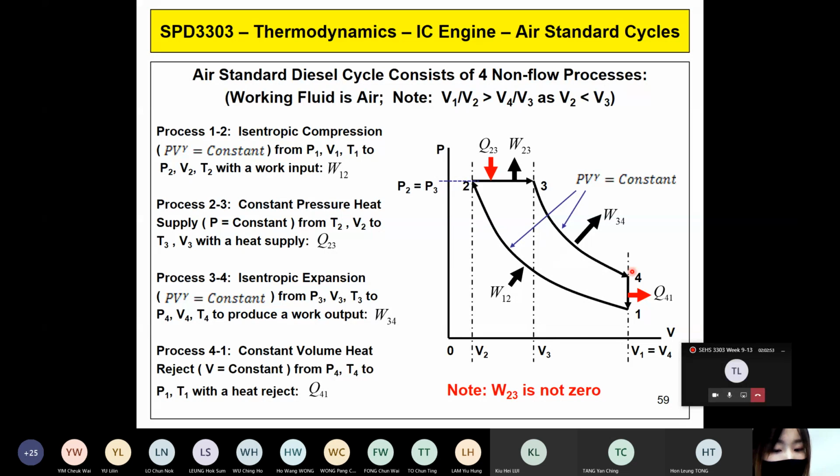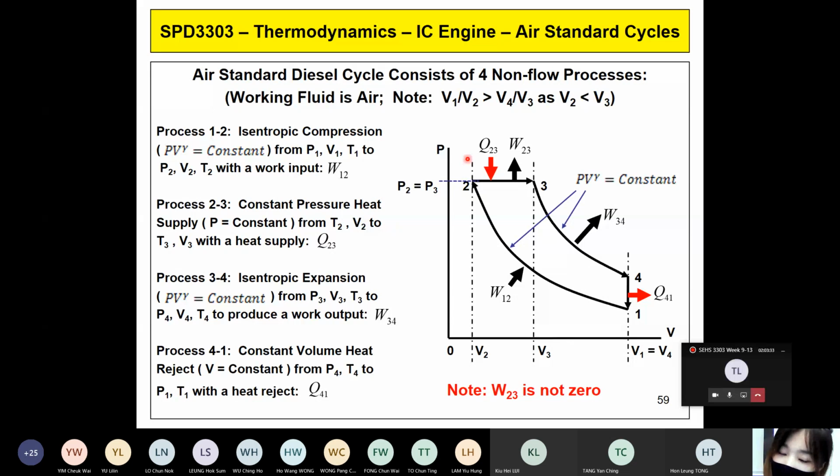Again, it is an isentropic expansion, and again you have this characteristic, PV to the power of gamma equals constant. Process 4 to 1 is constant volume heat rejection. We reject heat at constant volume. The temperature and pressure reduce to the initial state. Every property goes back to the initial state. Now we have finished the whole cycle.